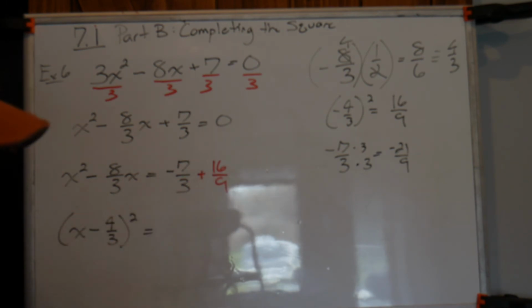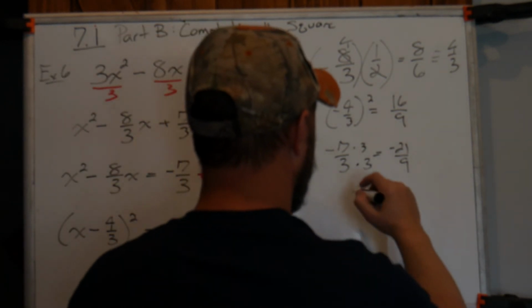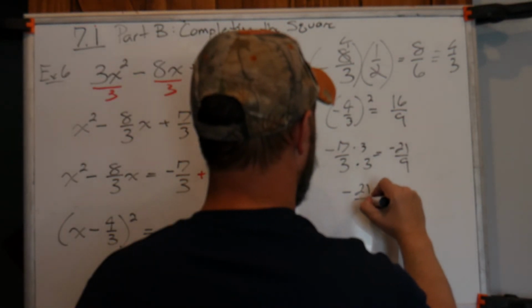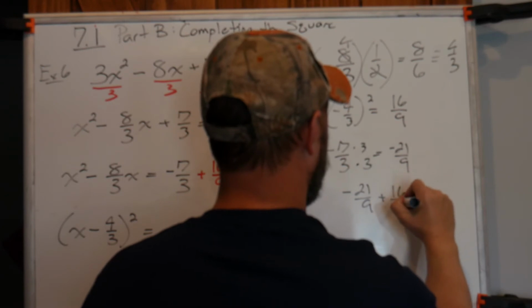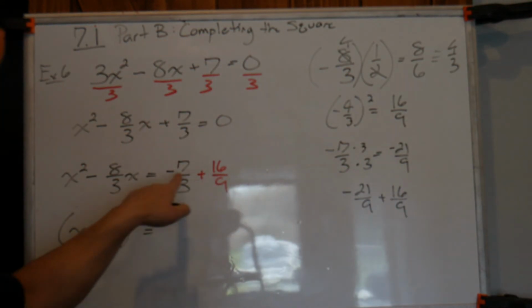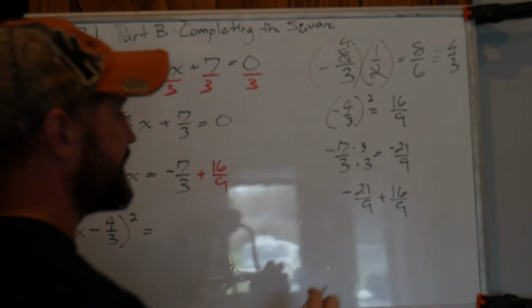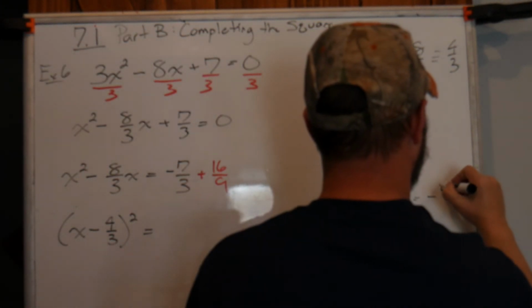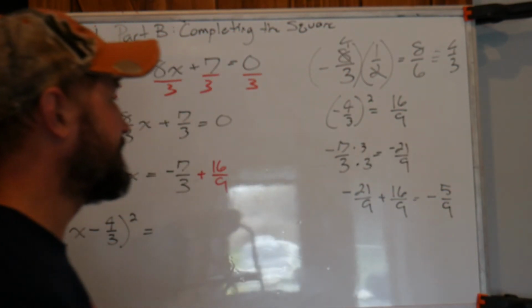And I get -21/9. So what I really have is -21/9 plus 16/9 on this side. -21/9 plus 16/9. So I have -5/9.